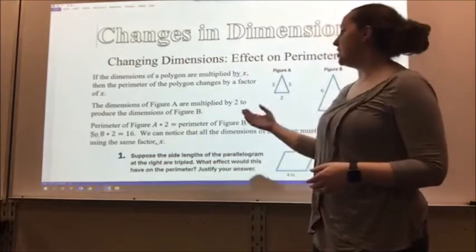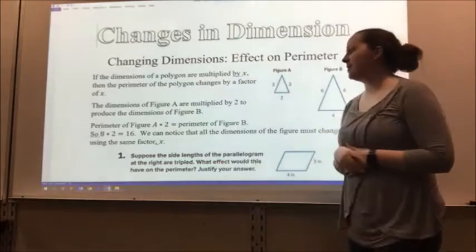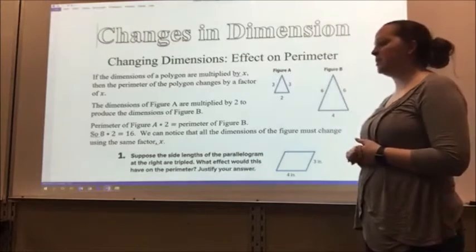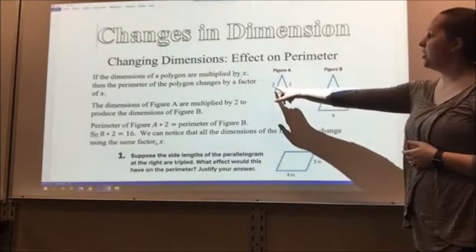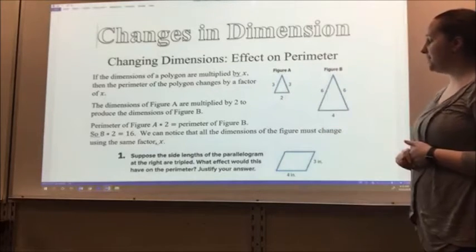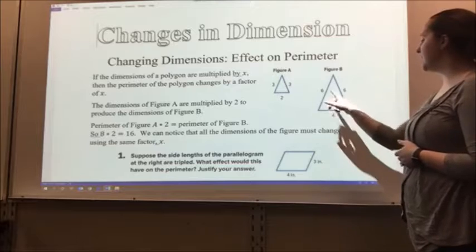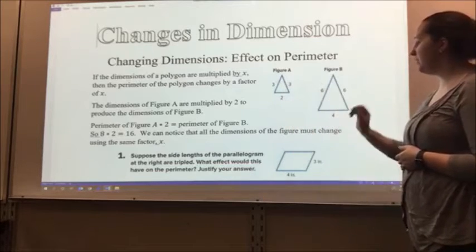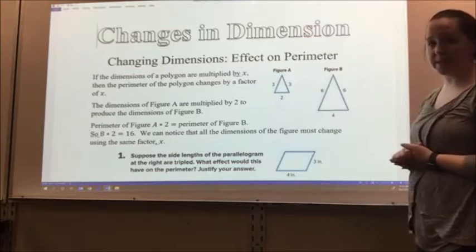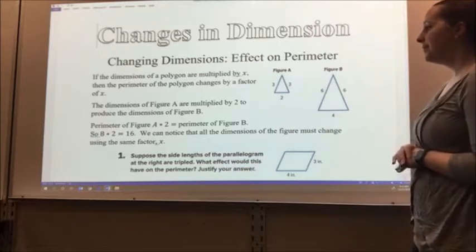Okay? The dimensions of figure A are multiplied by 2 to produce the dimensions of figure B. So we can see that figure A has 3, 2, 3, and figure B has 6, 4, 6. 3 times 2 gave me 6, 2 times 2 gave me 4, and 3 times 2 gave me 6. Okay?